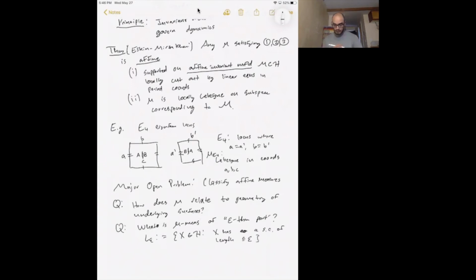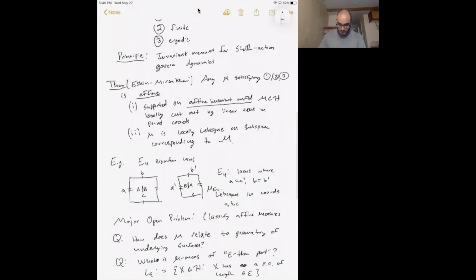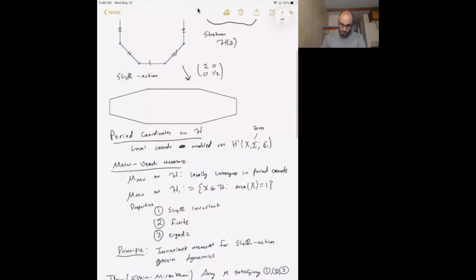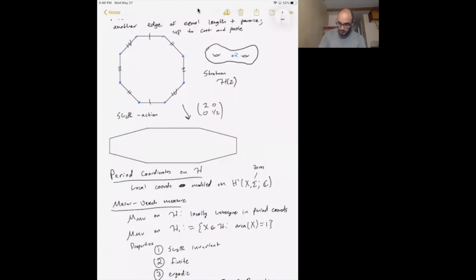Okay, so what is a saddle connection? I haven't defined that yet. If we go up here to the picture, a saddle connection is a geodesic segment that joins two cone points, and it could be the same cone point to itself. An example would be this thing here.